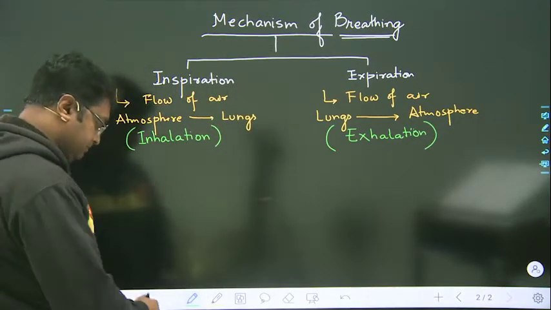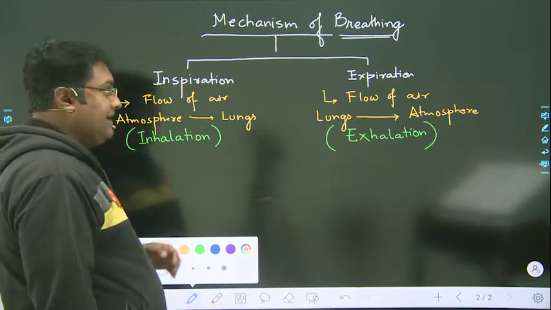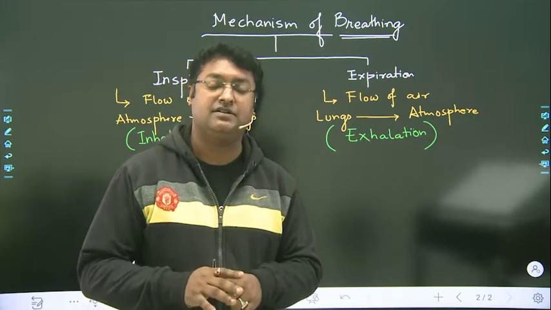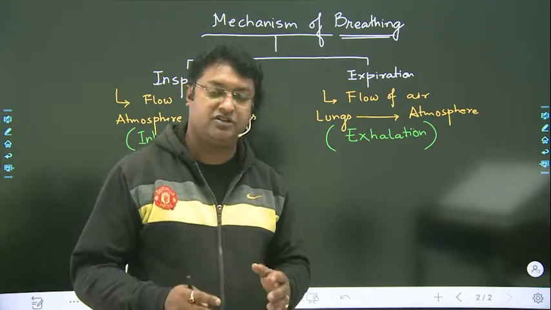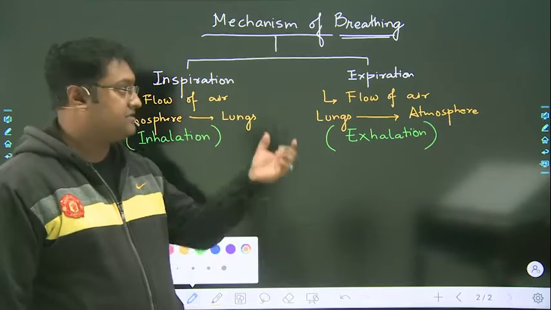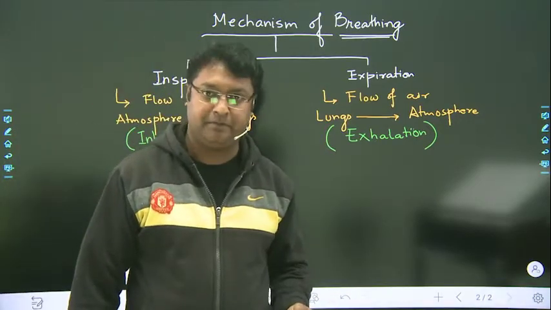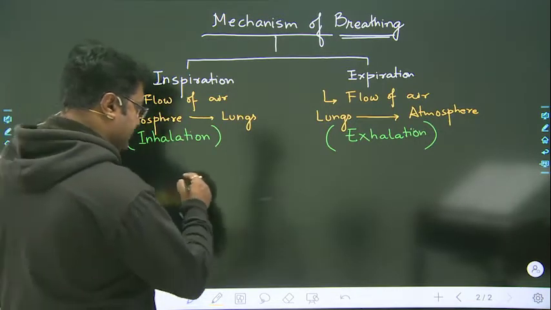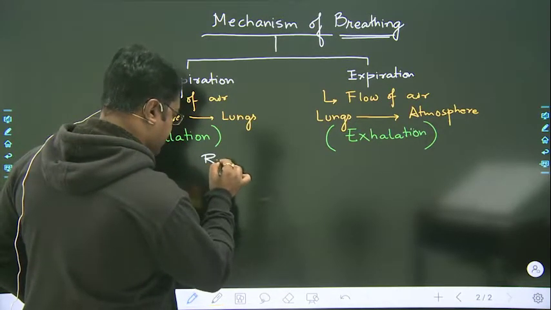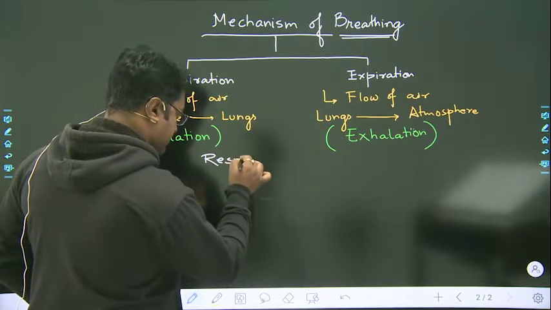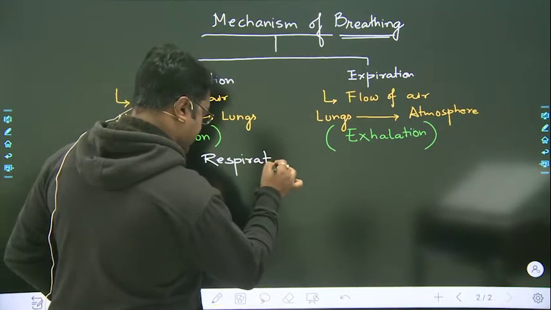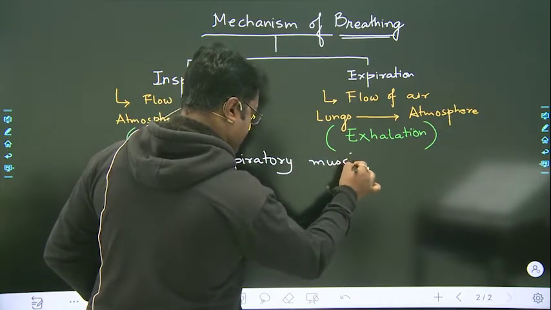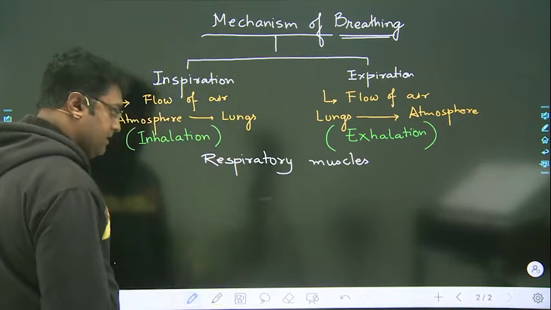Clear? Now, we have to remember that in the mechanism of breathing, there are three sets of muscles which help in the process of breathing. So what are the muscles which are responsible? These are known as the respiratory muscles. Clear?